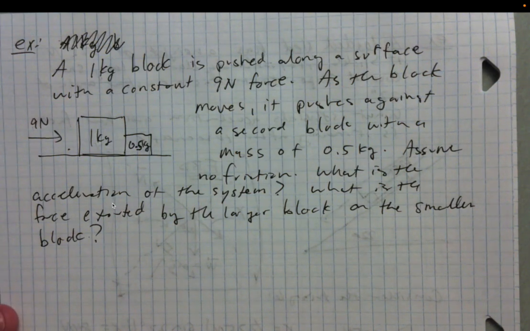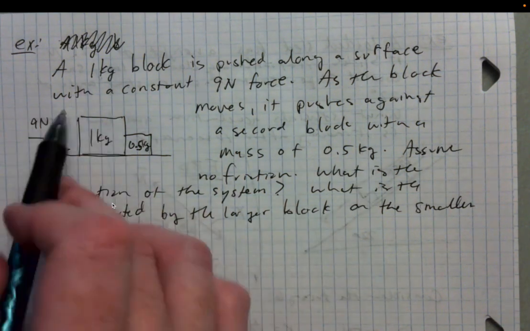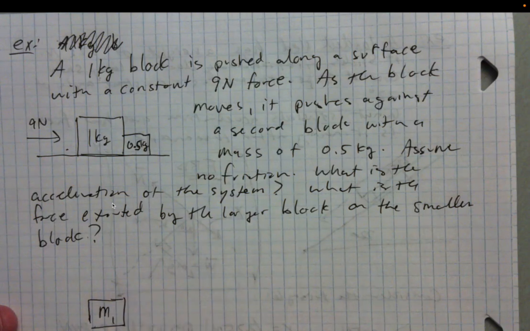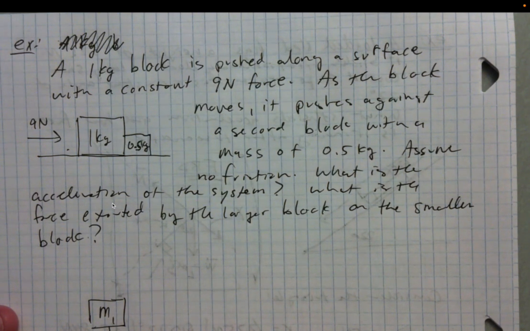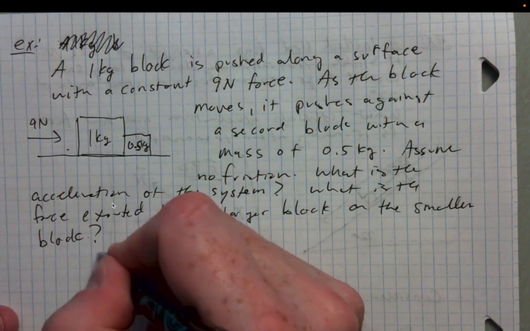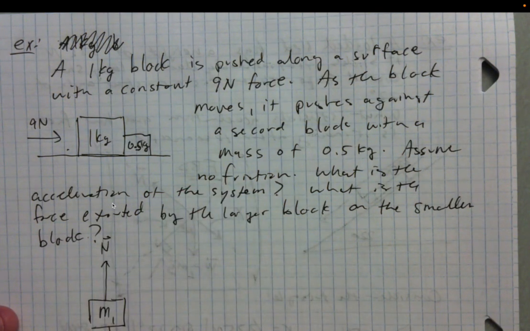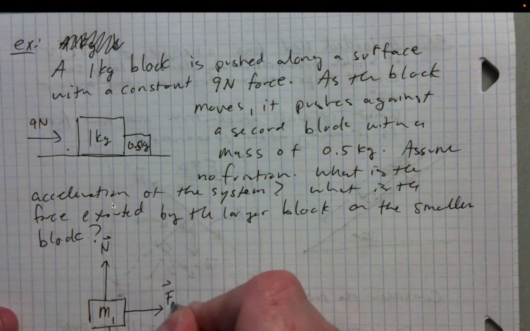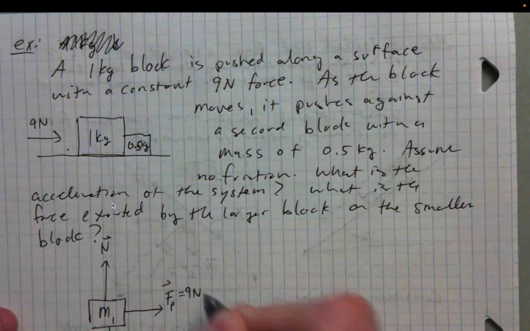Let's set up two free body diagrams. Let's think of them as separate bodies to begin with so we can reason about this. So we've got mass 1, and it's going to have the weight, so W equals mg. There's going to be a normal force associated with that. And then the 9 Newton push we'll denote as F sub P, and that's 9 newtons given.